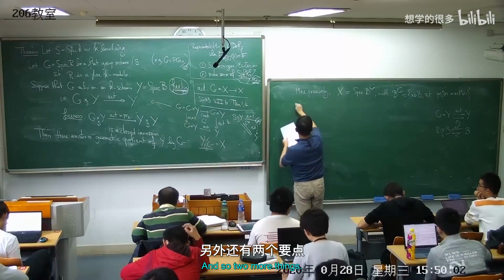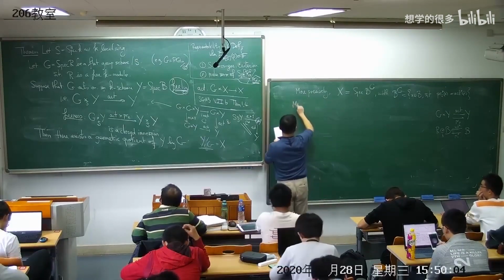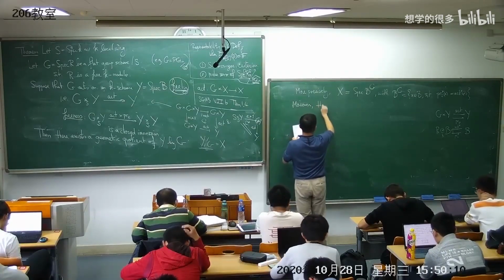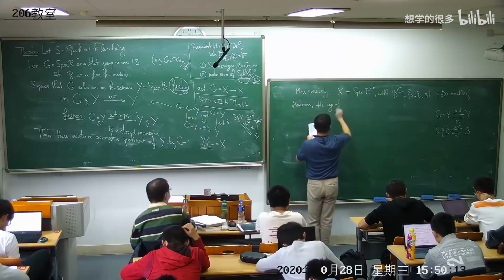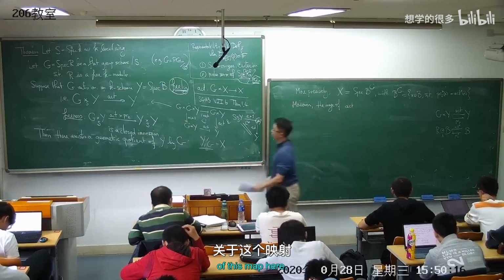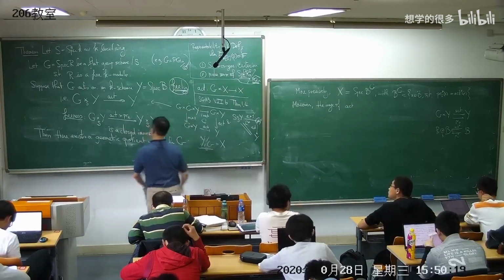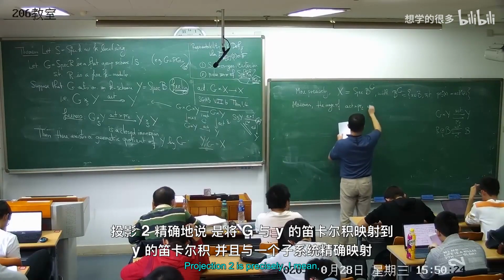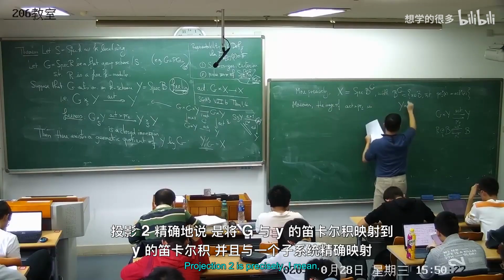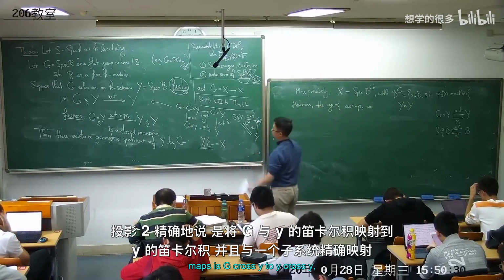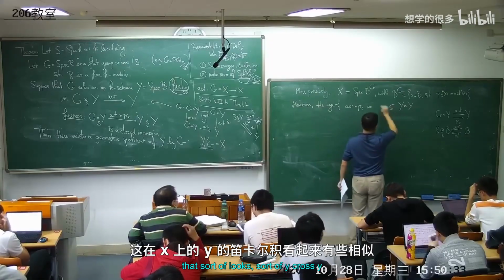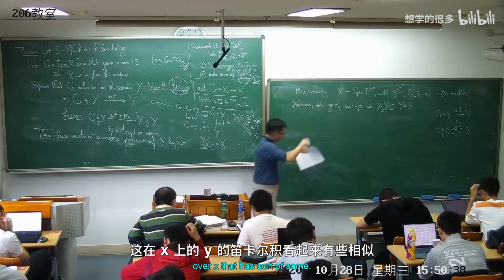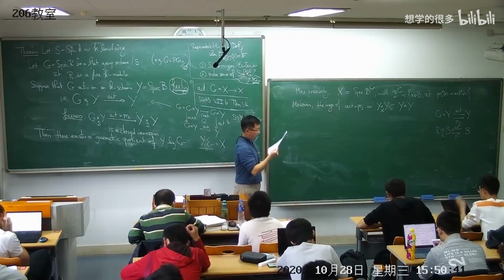And so two more things. Moreover, this is a technical issue. So the image of this map here, it's action times projection 2, which maps this g cross y to y cross y. It maps precisely to a subscheme, y cross y over x, that has the same image in x.